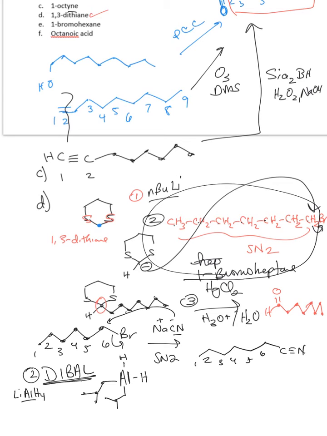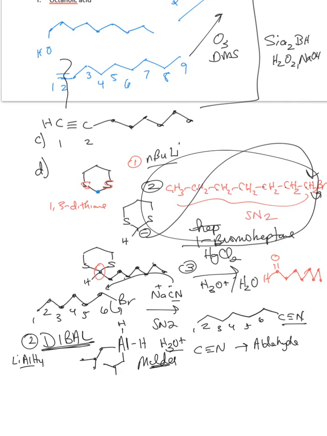DIBAL is just reduced reactivity. So if you substitute those hydrides for this organic group, then it's milder. So this is very mild. And you can reduce and add a little bit of acid, because you always need to add a little bit of acid to quench the aluminum. That will convert a nitrile to an aldehyde. And that's an important reaction that we're definitely going to talk about tomorrow.